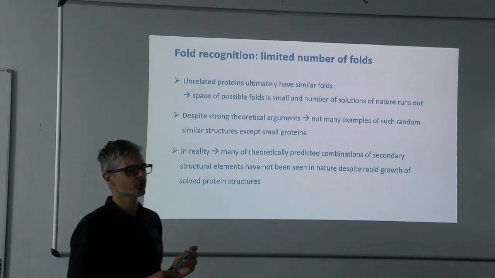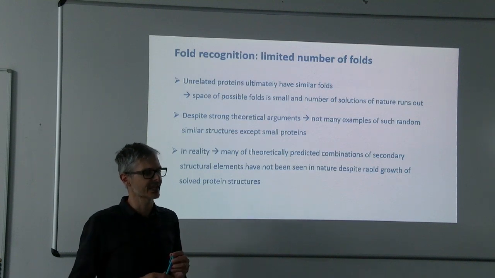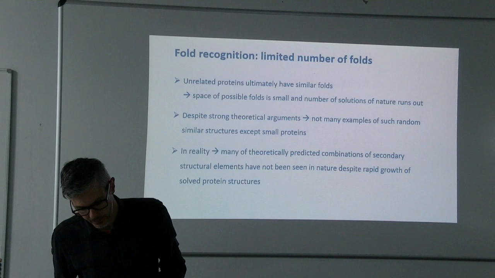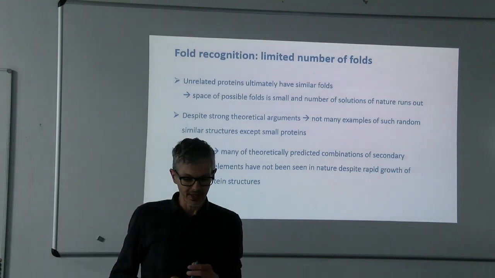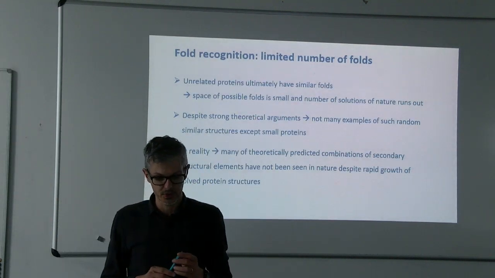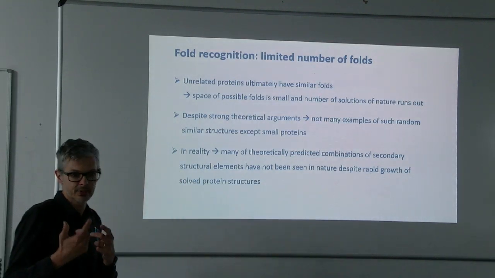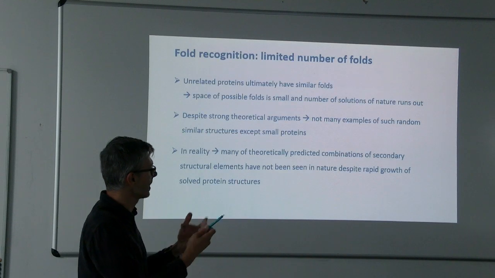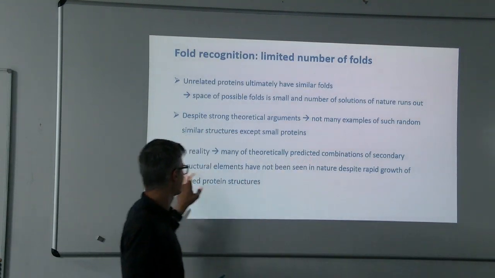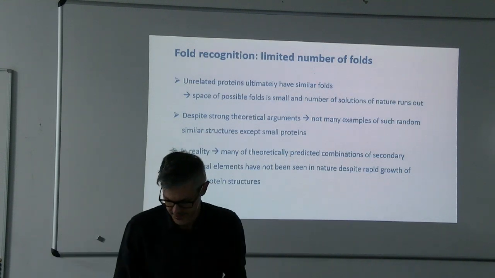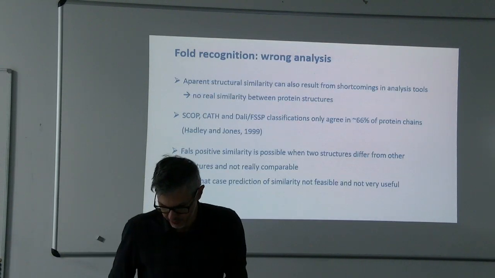That's also why the supersecondary structures that we talked about in the first chapter are being reused. You have the Rossmann folds, the 4-helical bundle, and a number of other ones. This is again a combination of secondary structure elements that are just being reused in different proteins. So that's a limited number of folds.